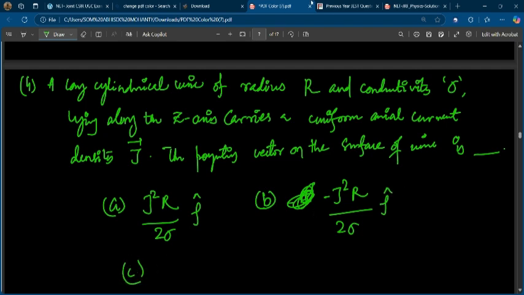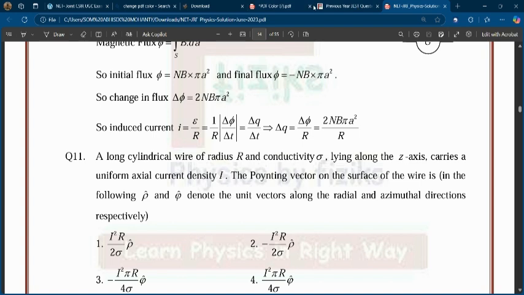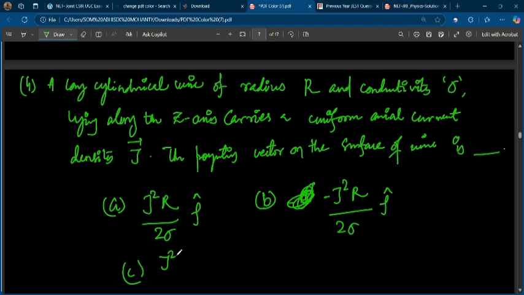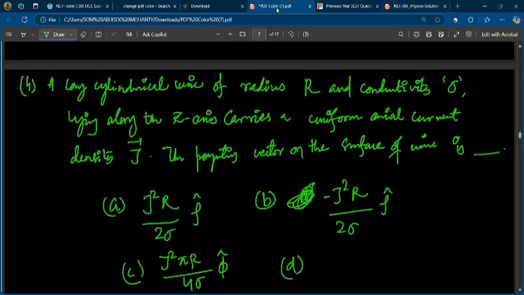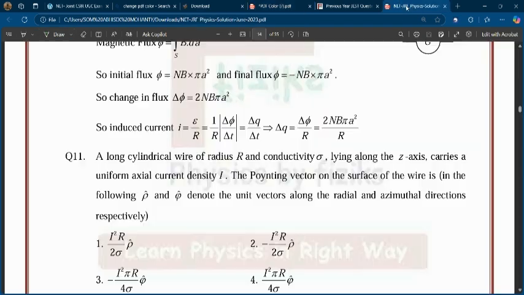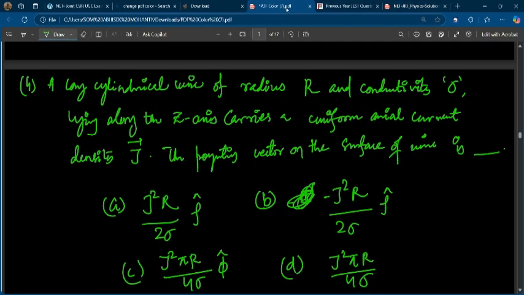Option C, J square pi R divided by 4 sigma phi cap. And option D, minus J square pi R by 4 sigma phi cap.